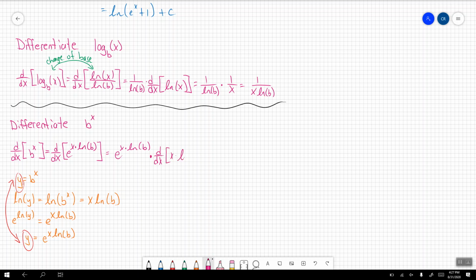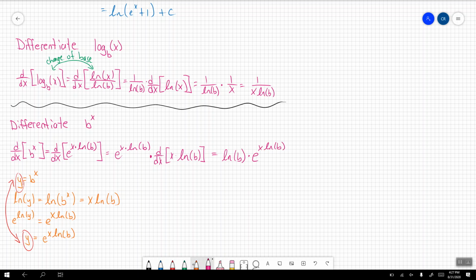So the derivative of x times natural log of b. But what's the derivative of x times natural log of b? x is the only variable, which means natural log of b is a constant, so the derivative of the variable x is just 1, which means it's 1 times natural log of b. So here we just get the natural log of b multiplied by e to the power of x times the natural log of b.